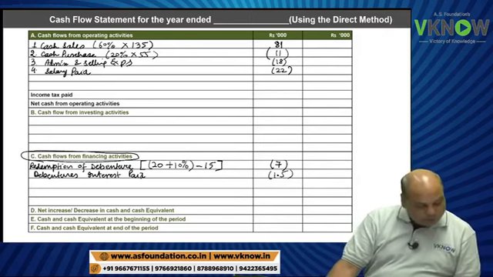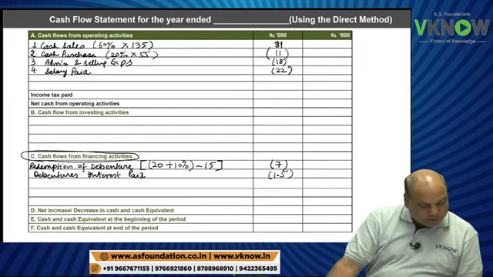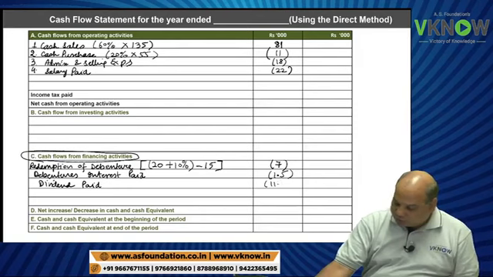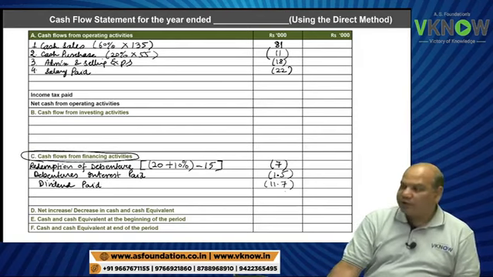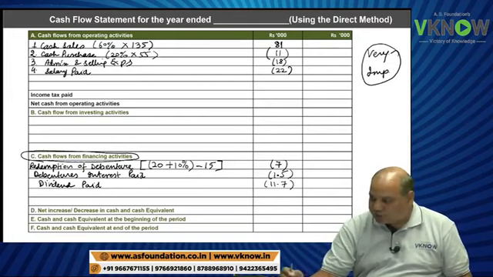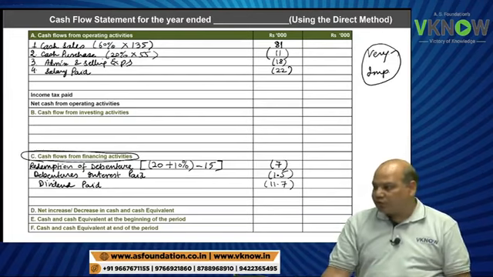Dividend paid during the year was 11.7 crore. Dividend paid in financing activity. Very easy question. Likely question for 5 marks in the exam. So write, very important. For future exam, 4 to 5 marks question.